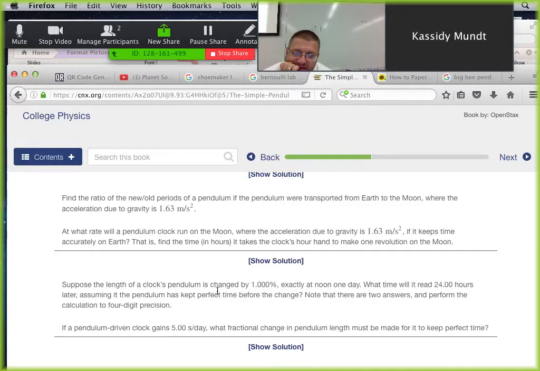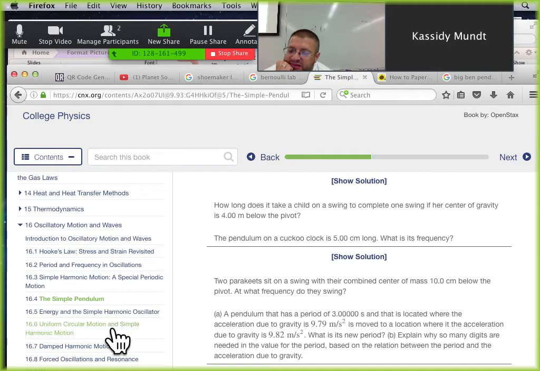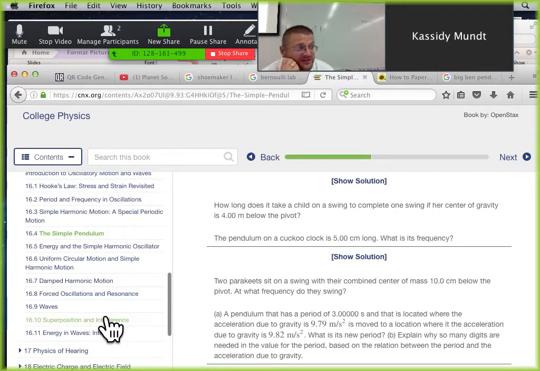We're doing the one where you change the length of a pendulum on the moon, and figure out what time it will read 24 hours later. This is kind of a challenging question. I'm not going to give you any clues. But that's the only question I'm going to give you from there. What time is it? We've still got time.